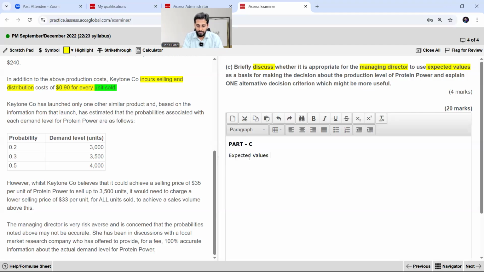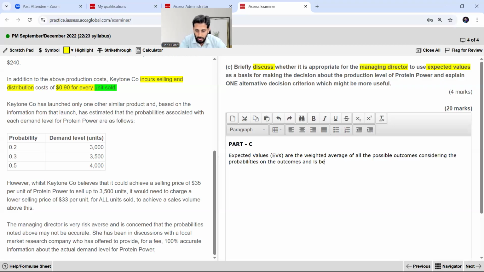I am explaining expected values. EVs are the weighted average of all the possible outcomes, considering the probabilities on the outcomes, right?